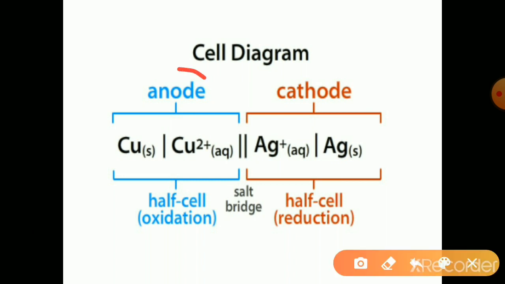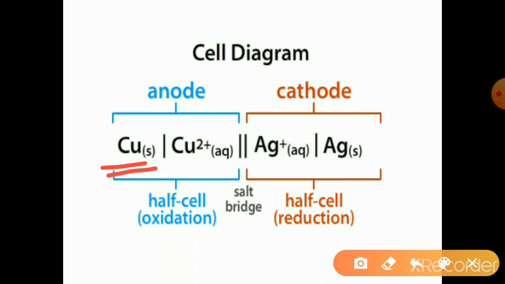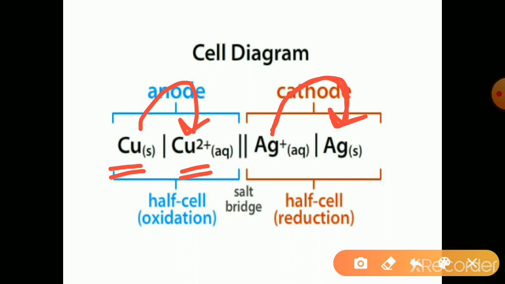Here on the anode, as oxidation takes place, first the metal strip is symbolized and then its aqueous species is shown, because copper gets converted into copper ions on oxidation, and silver ions get converted to silver atoms on reduction. So on the anode first the metallic species is shown, which is in contact with its ion solution. On the cathode first the ionic species is shown and then its metallic part.